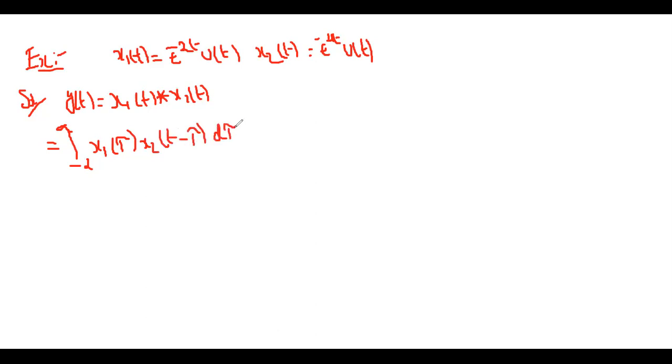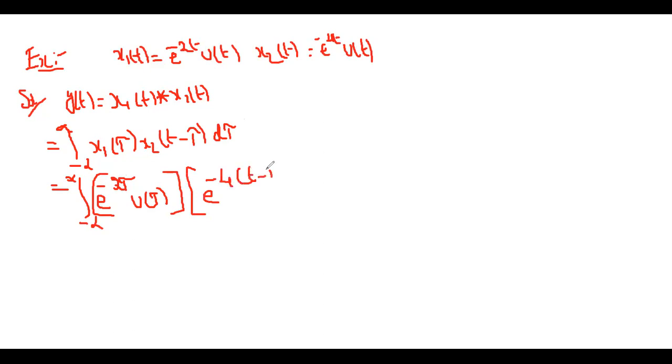Okay. Now what is x1 of tau? Given it is e power minus 2t mu of t, now I'm changing it to x1 of tau here. So e power minus 2 tau mu of tau is x1. What is x2 of t minus tau? The given is e power minus 4t. So I change this to e power minus 4 into, instead of t, t minus tau in the formula, mu of t minus tau, d tau.